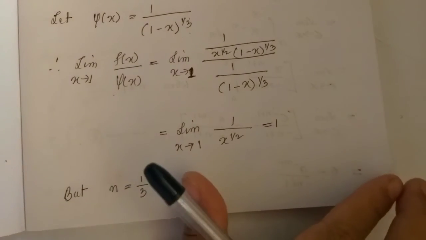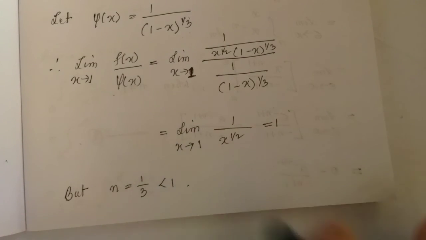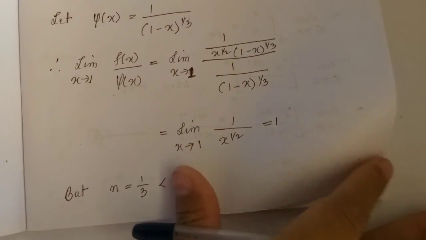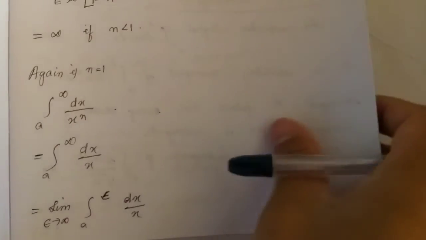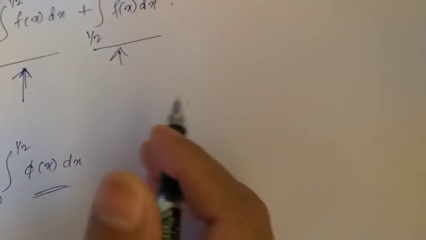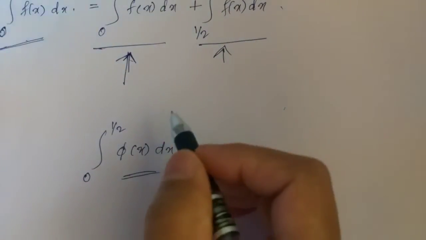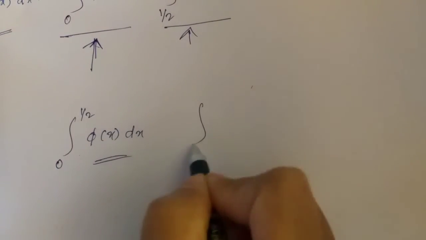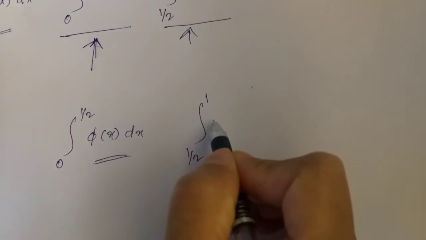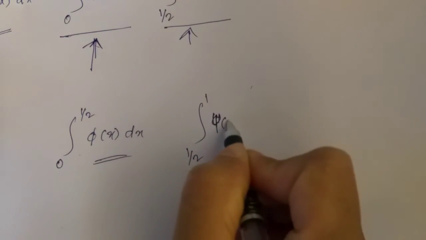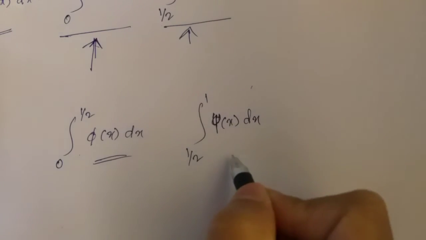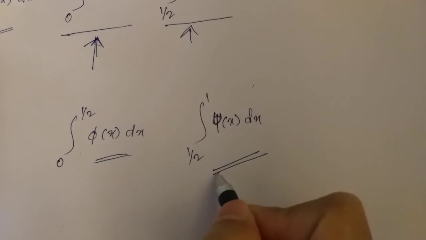Less than 1 means, if you go back to that first example, that the integral from half to 1 of psi of x dx is convergent.